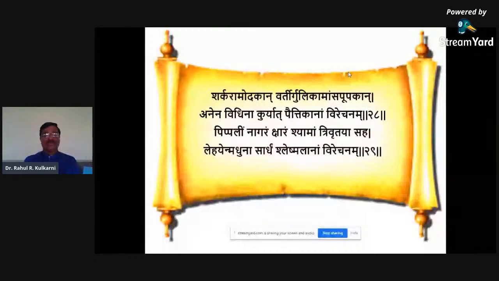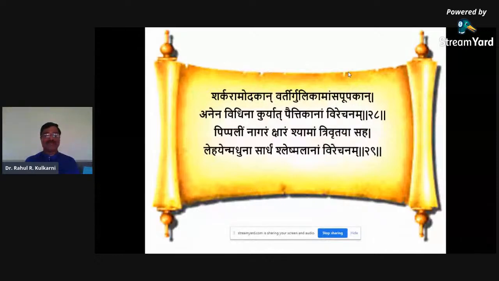Sharkara modakan varti gulikam mamsam pupakan. So this trivruchurna which is processed with sharkara, and with that the modaka, varti, gutika, mamsarasa, pupas have to be prepared. Anena vidhinam kuryat paitikanam virechanat. So here what you have to understand is paitikanam virechanam means definitely virechana is the karma for pitta dosha.